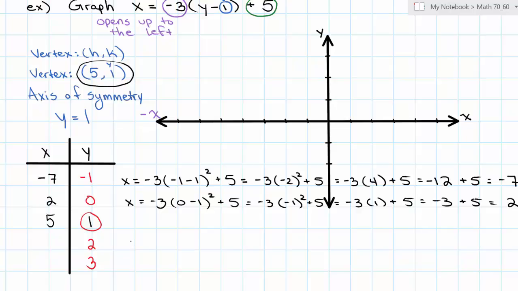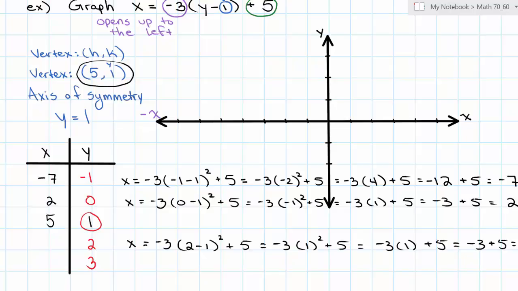I already have the vertex, so now I can go to the next one. X is equal to negative 3 times (2 minus 1) quantity squared, plus 5. Negative 3 times 1 squared plus 5. So this will be negative 3 times 1 plus 5. Negative 3 plus 5 is just 2.